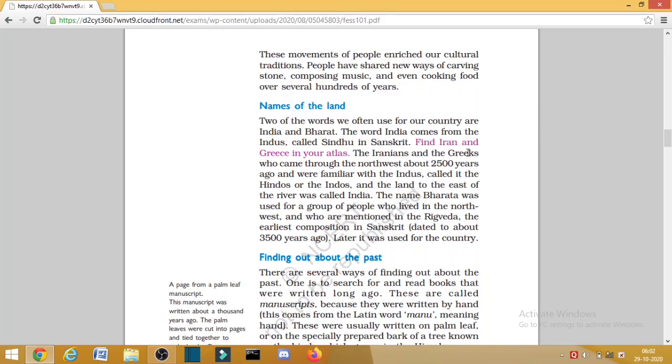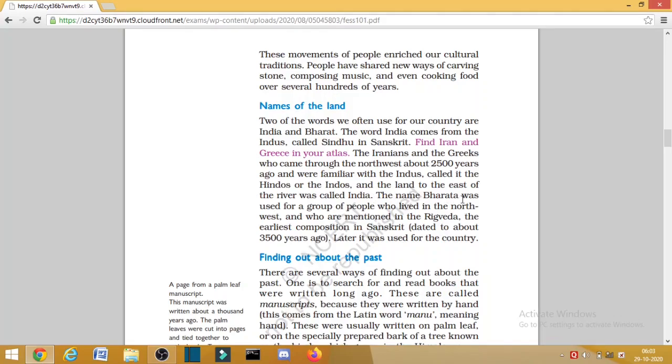The Iranians and the Greeks who came through the northwest about 2500 years ago and were familiar with the Indus called it the Hindus or the Indos, and the land to the east of the river was called India.